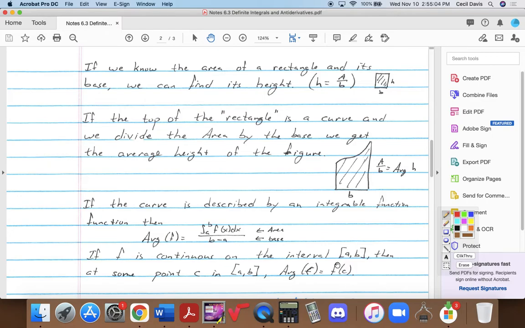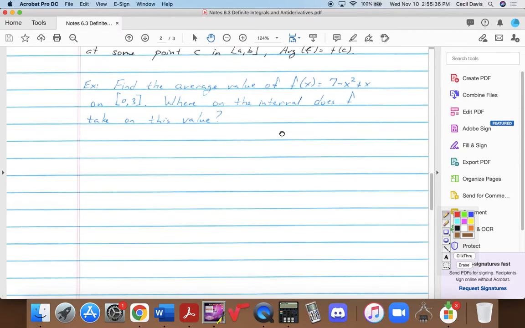And if f is continuous on the interval from a to b, then at some point c in that closed interval from a to b, the average value of f will be equal to f of c. Okay, that kind of makes sense? So this is how you can find the average value of a function on an interval when that function is not just a line.